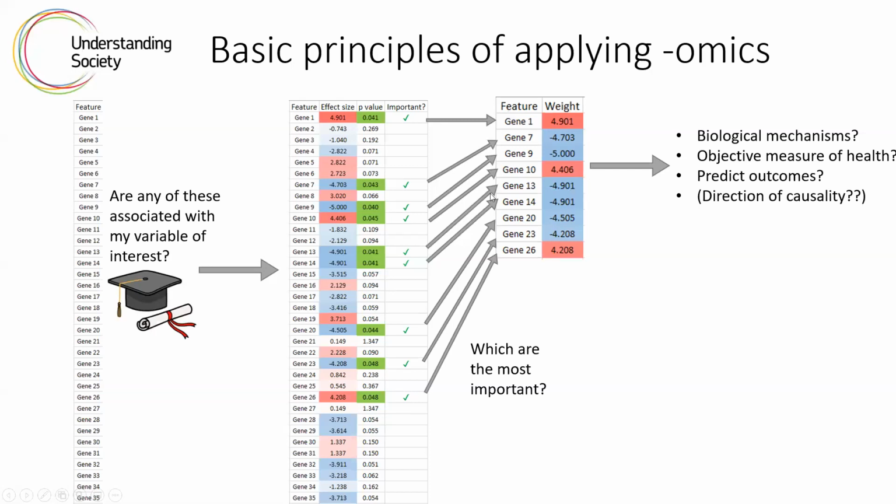You can see whether, if you test a separate population for an aggregated measure of these significant molecules, you replicate your findings and you can predict outcomes using it. And with certain types of analyses, especially with genetic data, you can start to infer causality, and I'll talk about that a bit later.